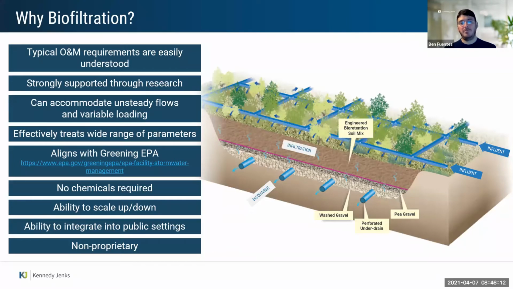But what is very helpful is that at the pilot level, when you're testing on a small scale to see if this approach is appropriate for your stormwater runoff, the tests done on a small pilot level have proven to be accurate for scaling up. So you can get a very confident sense that what you scale up to will be pretty accurate for what it will take to meet your water quality goals.